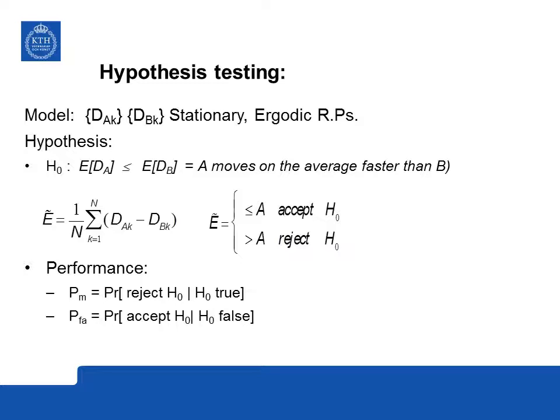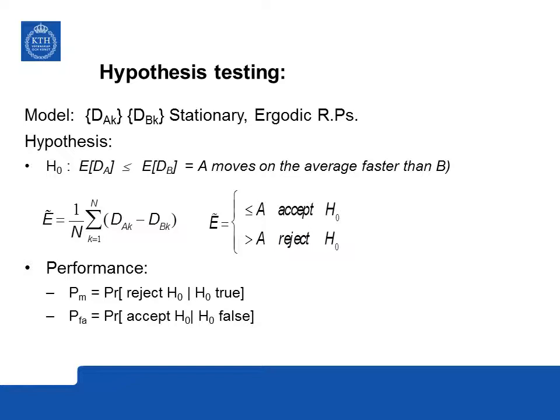We design a test metric E tilde, that is in this case the average of the differences between the delays in the different observations. And then we compare this test statistic with a threshold, and if it's lower than a certain threshold, we accept H0, and if it's above the threshold, we reject H0.